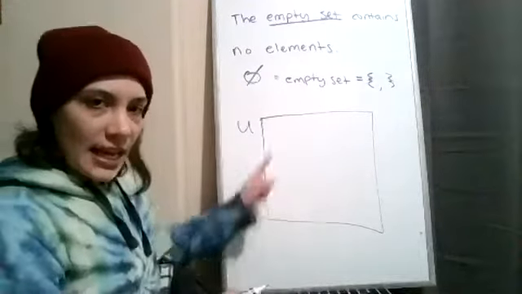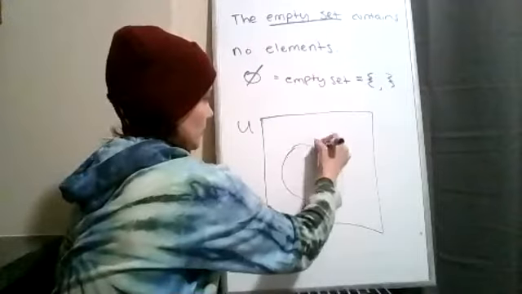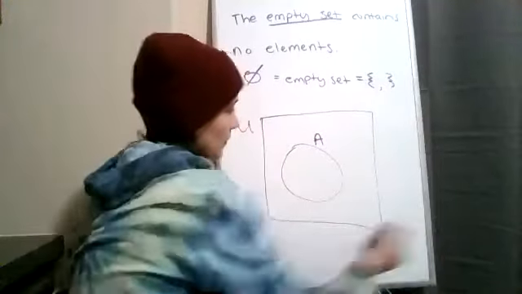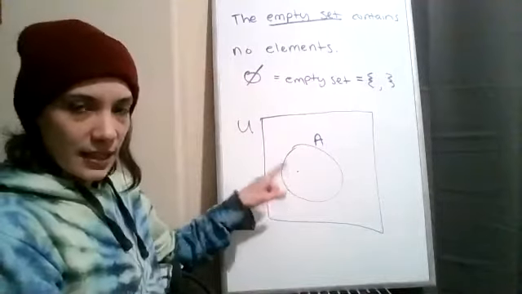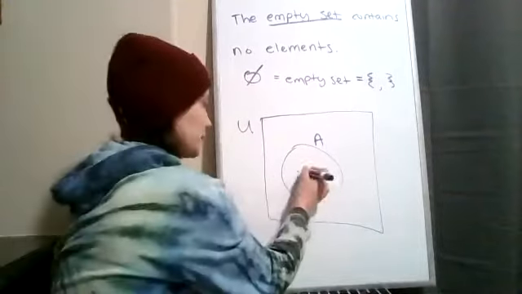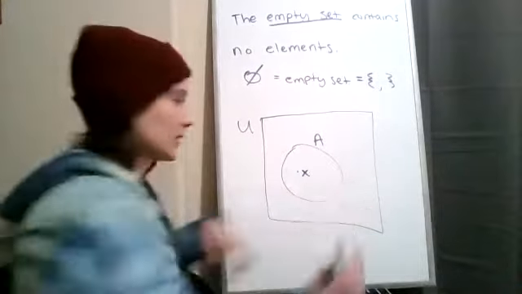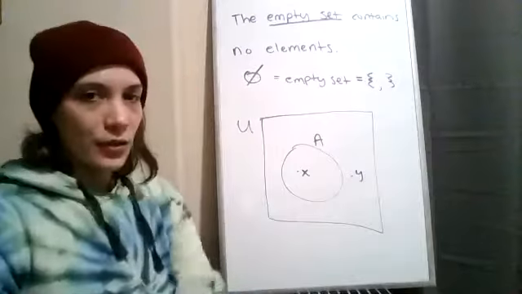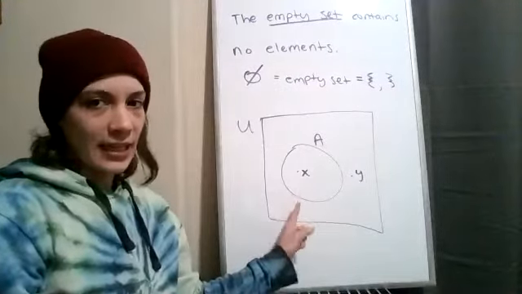We'll put a set A, and inside this set, we're going to put the element X. And over here, let's put Y. Okay, so right now, our universe has two elements. U is the set that contains X and Y.